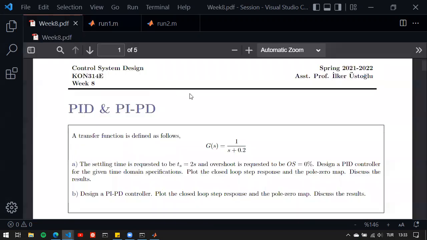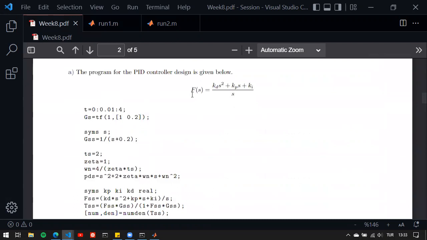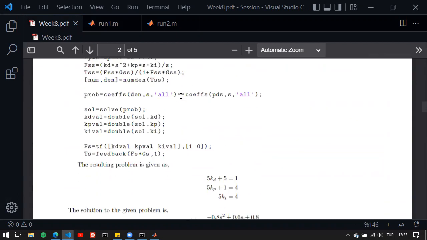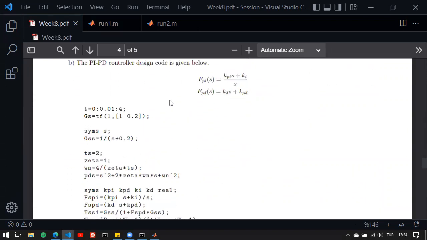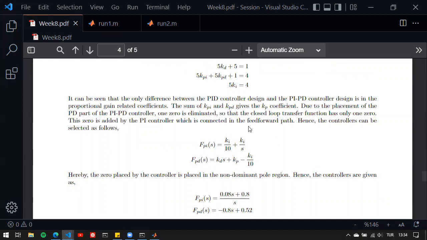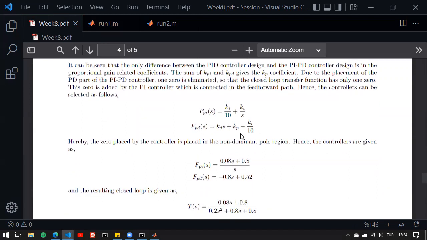Well, this is basically it for this week. I can show you a little bit about my notes, but there's also not much to it. You have, again, the codes, you have the PI and PD parts, and we are designing the controller here. Now, I have also given you basically the generalization here.